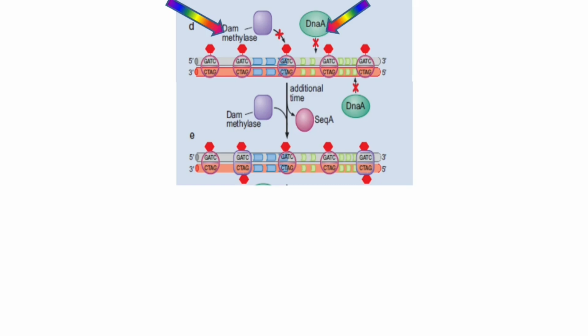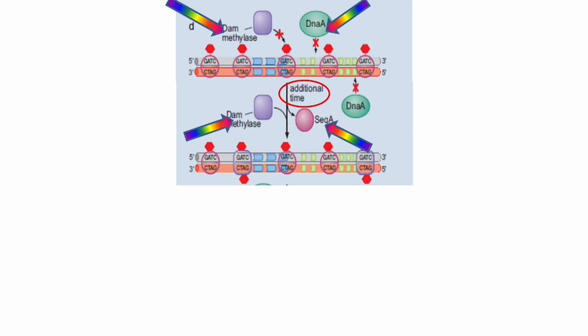But the binding of SeqA to hemimethylated oriC is temporal. The binding weakens after an additional time of approximately 13 minutes, and SeqA then dissociates from the GATC sites and leaves the sites open for Dam methylase to come and methylate the GATC sites.